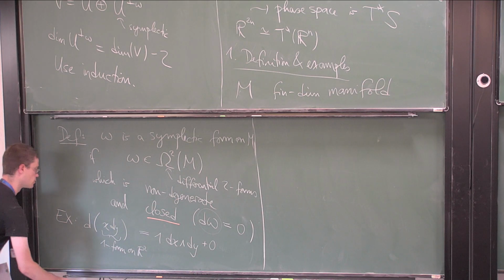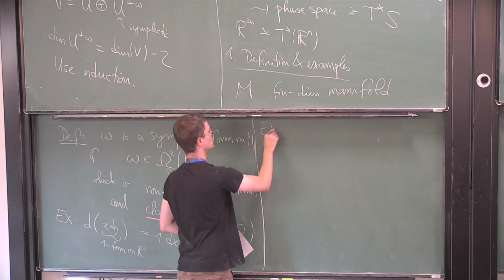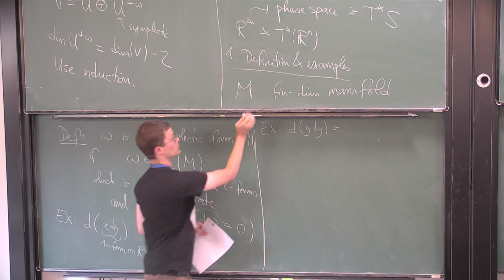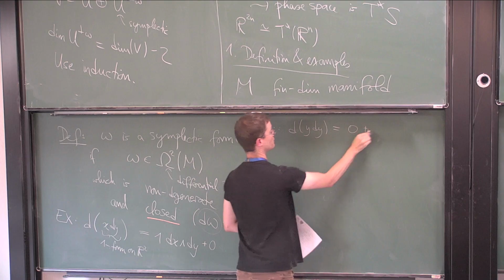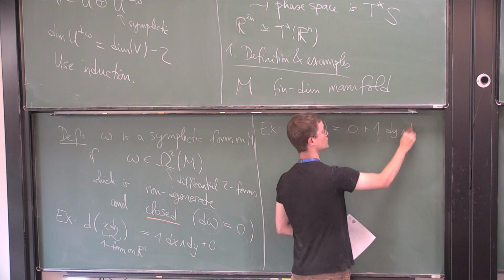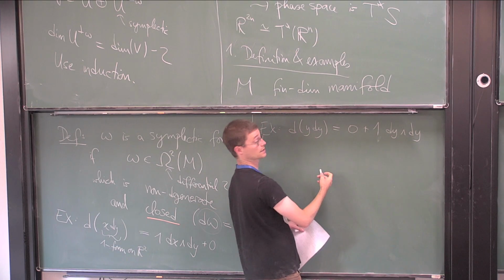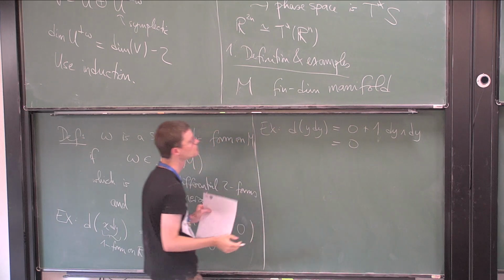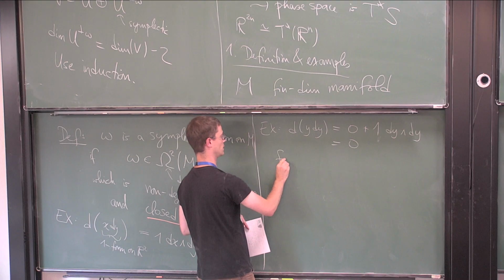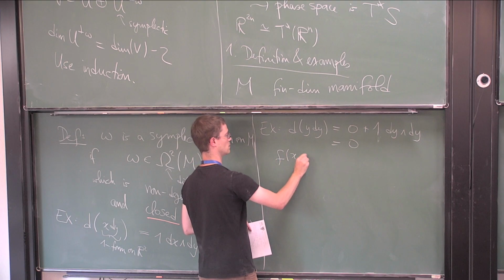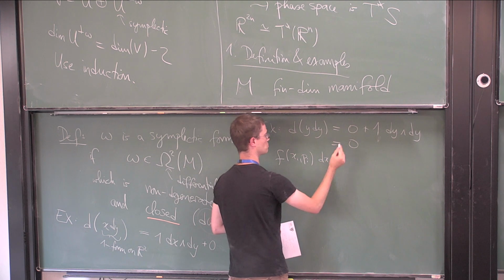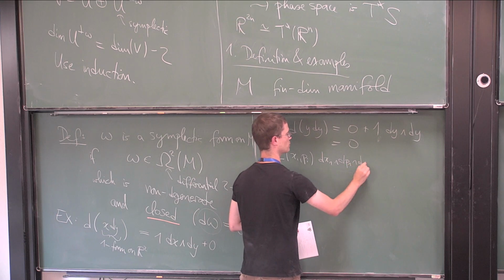Another example, the differential of y dy. If I differentiate with respect to x, I get 0. If I differentiate with respect to y, I get 1, but then I get dy wedge dy, and dy wedge dy is 0. So the general rule is that you have a function which depends on your variables, times some differential stuff, like dx1 wedge dp2, something like this.